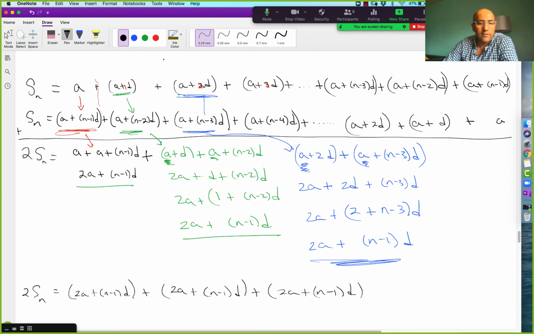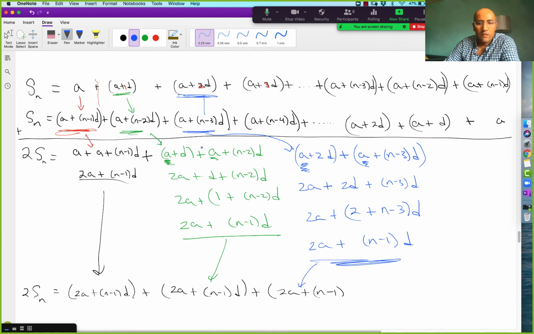Right, that's what these are. These are coming from here. This green one was the result of that one, and then the blue one was the result of that.